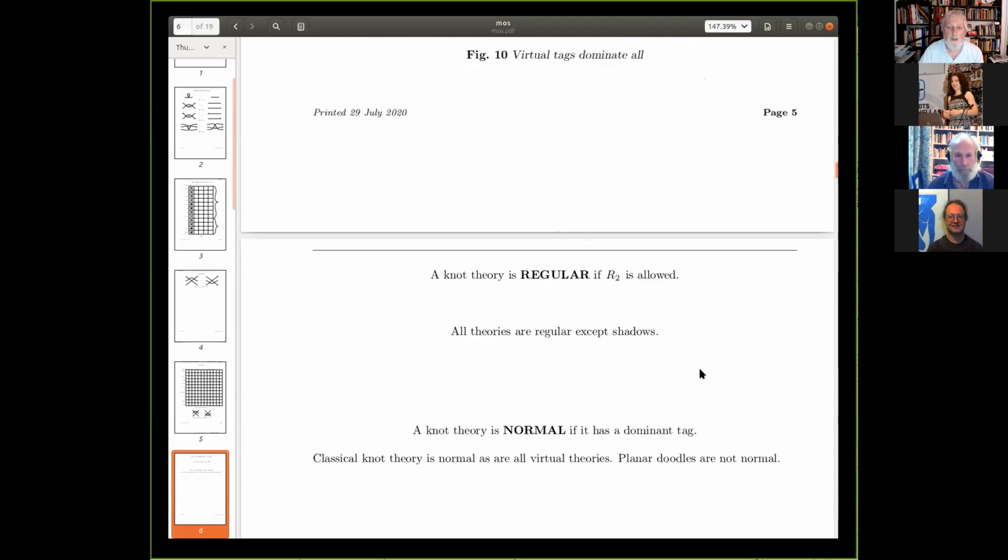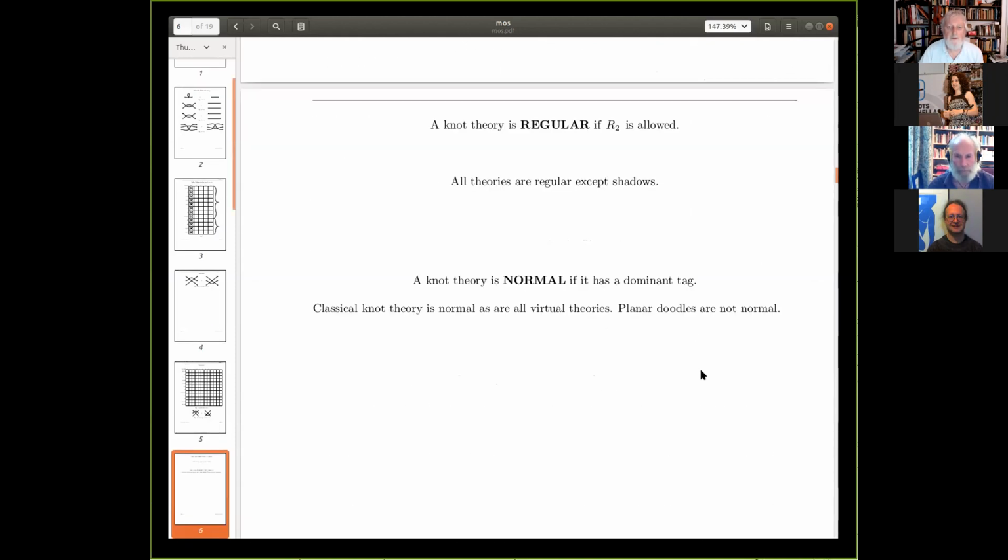So now we're going to make a definition. A knot theory is regular if R2 is allowed. But we saw on that table that everything's regular, except shadows, but you know that they don't satisfy any R moves, so that's the only possibility.